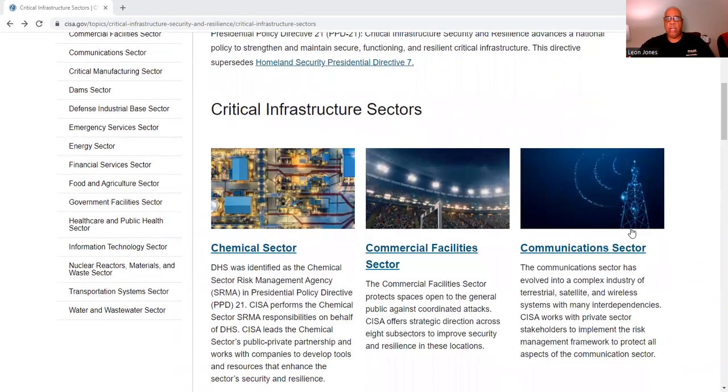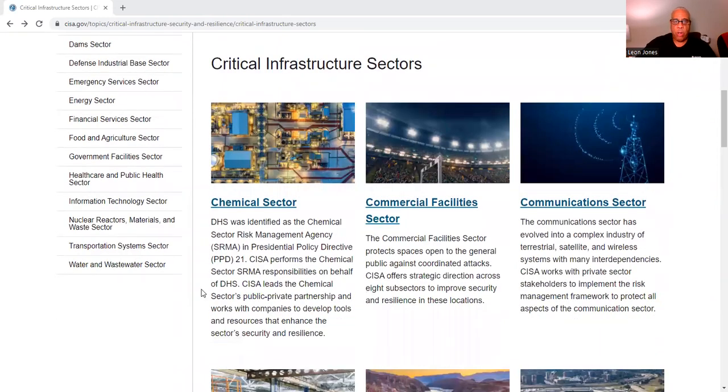But let's get into the critical infrastructure sectors. First, you would have your chemical sector. Now, DHS was identified as the Chemical Sector Risk Management Agency, known as SRMA, in Presidential Policy Directive PPD 21.